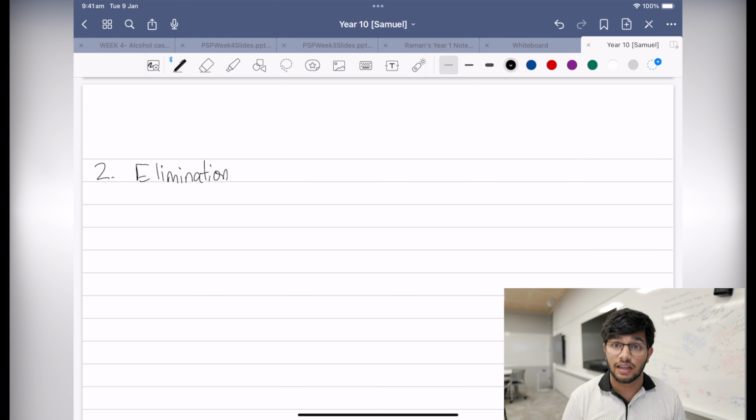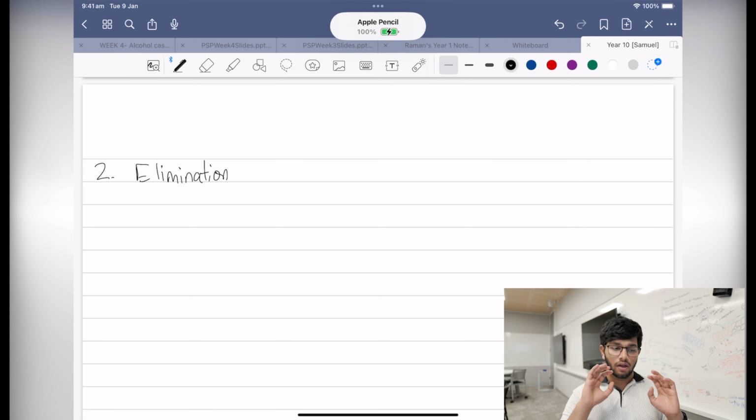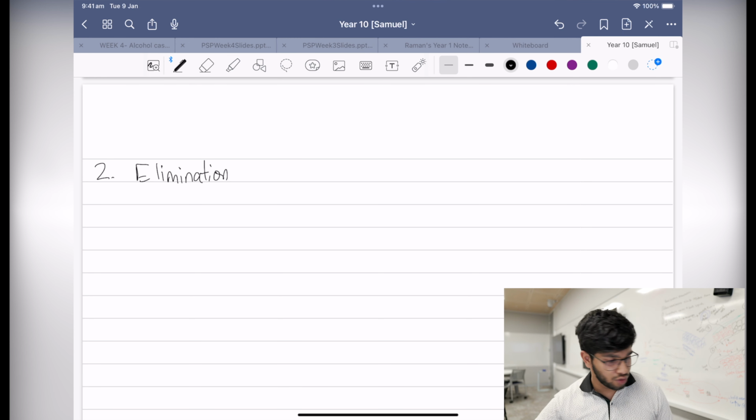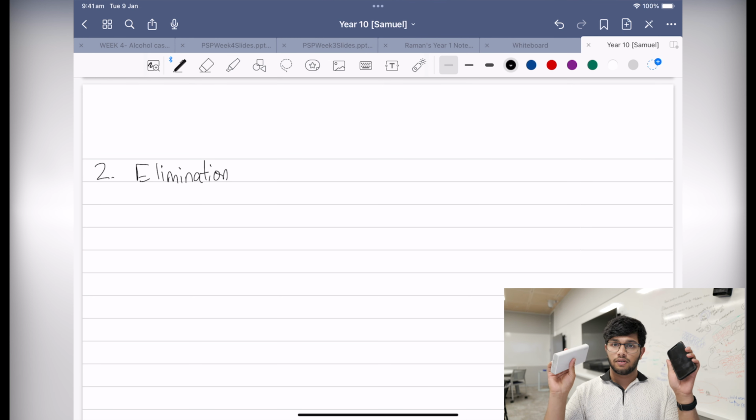Now the second method is what we call elimination. This is a little bit more of a complicated procedure, so what I'm going to need you to do is just observe me here. If I take two different objects, here, a power bank and a phone, and if these two weigh the same, this is what an equation is.